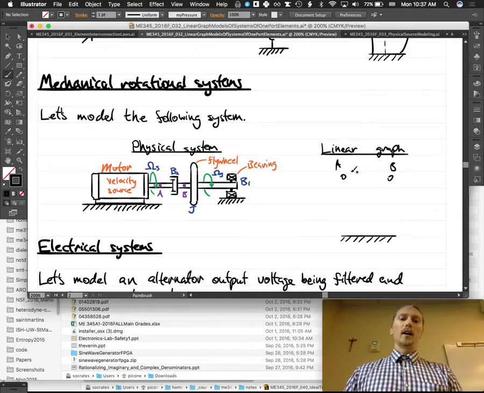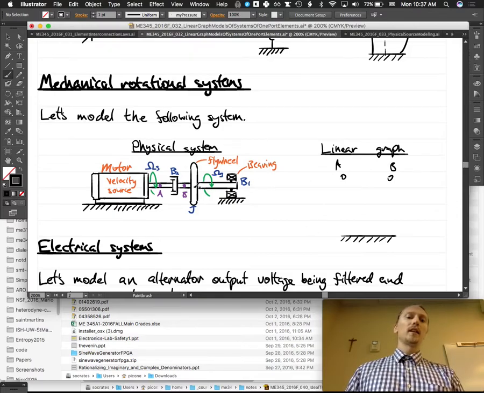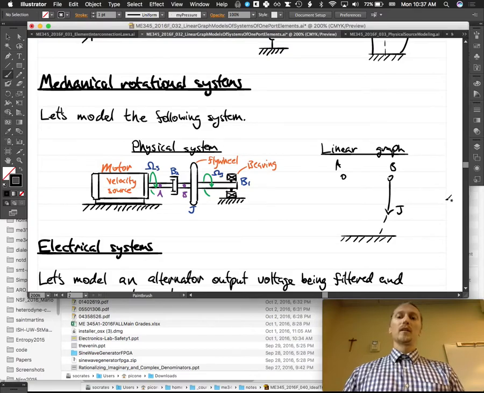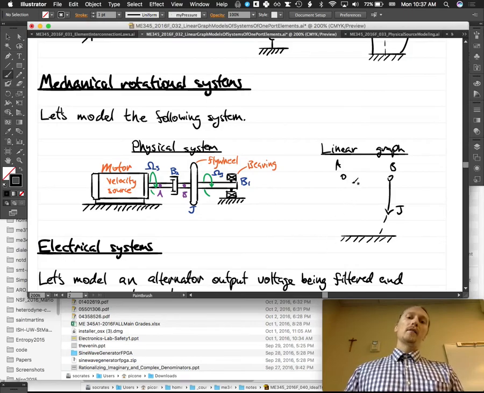Now, B has associated with it a moment of inertia, right? Which is our A-type rotational energy storage element. So there's J. Always goes to ground. And then as attached to A, we have the velocity source, right?